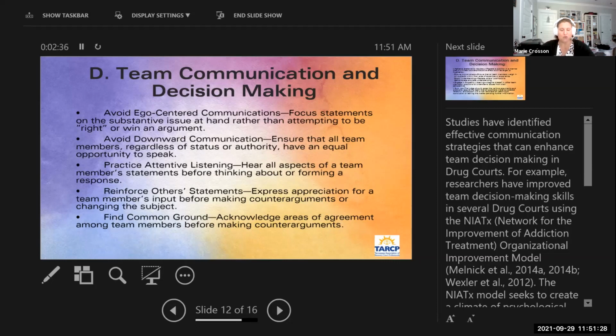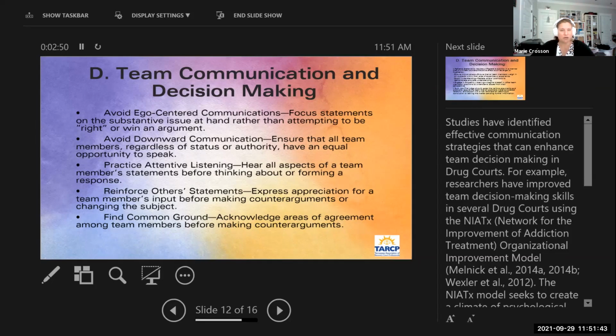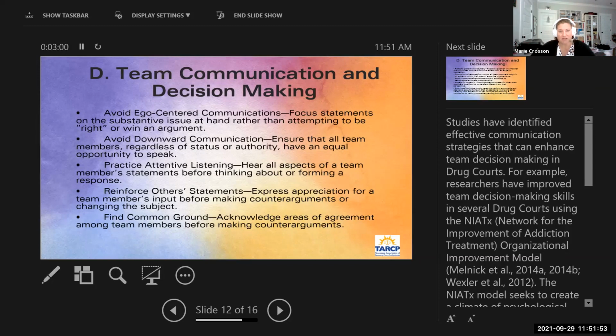I also think, when you focus on those ideas that we were talking about earlier about pre-court staffing, what it is that you're there to do, as opposed to not really having a specific goal in mind when you're sitting there together, if everybody knows what that is, that also helps with the process, even if there's a little friction for whatever reason that always is or at the moment is going on with your team.